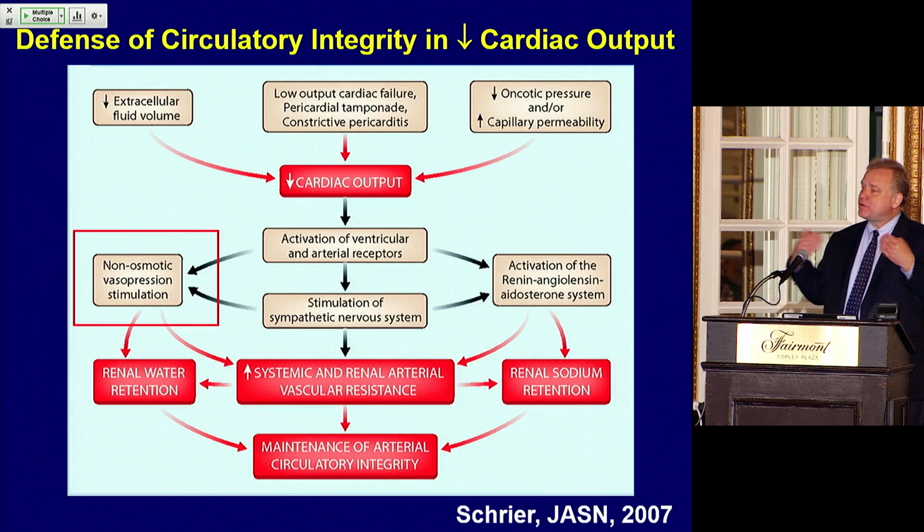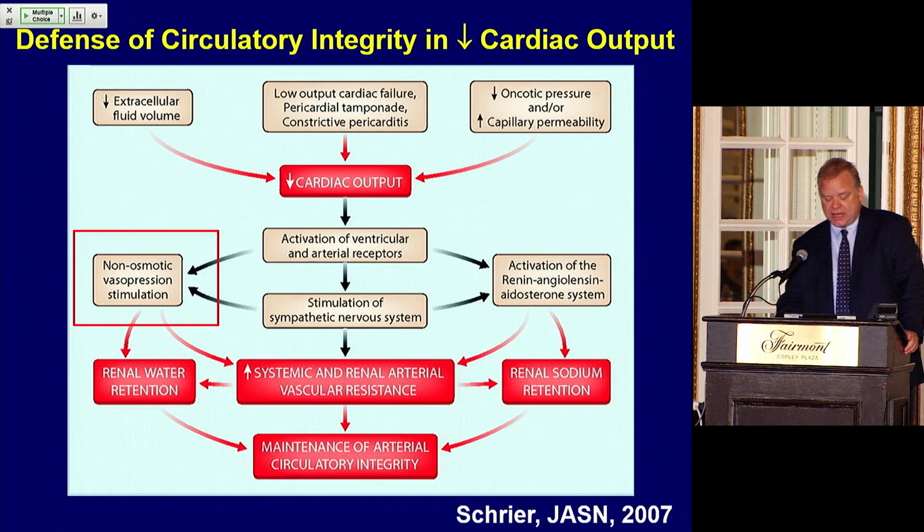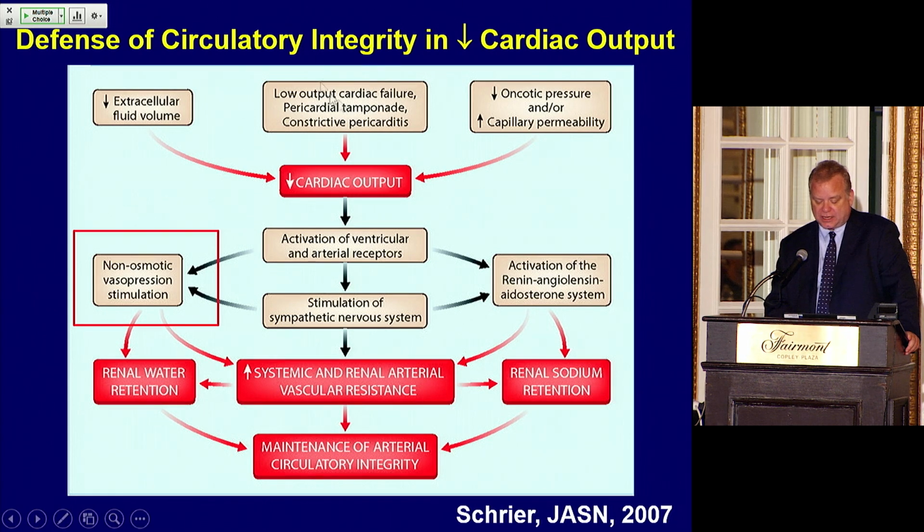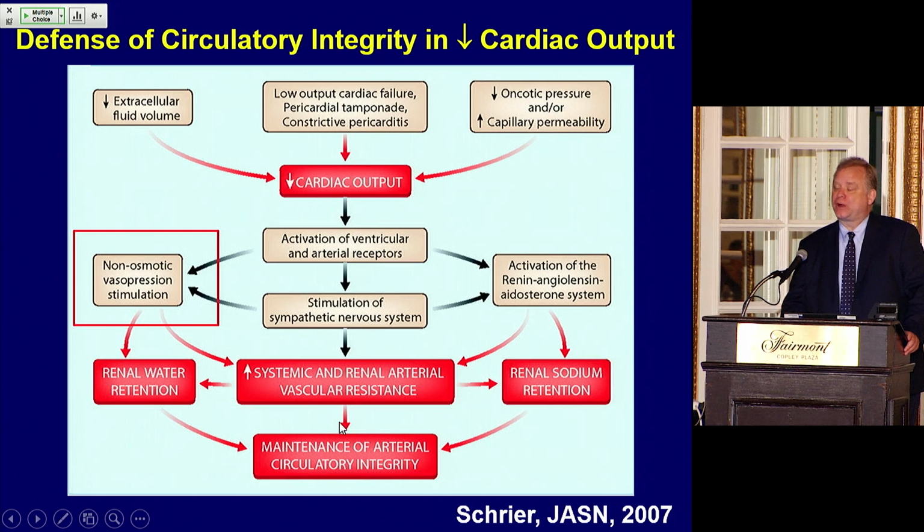And again, to remember the pathophysiology of hyponatremia in say, cardiac disease, if you have a reduction in heart function, you decrease cardiac output, that'll activate ventricular and arterial receptors that turn on the renin-angiotensin-aldosterone system to increase renal sodium retention, increase systemic resistance, and maintain your blood pressure.